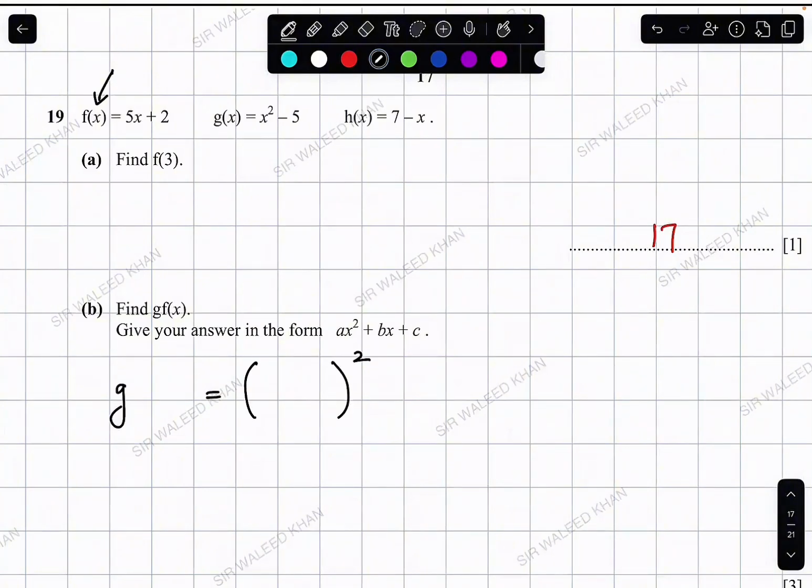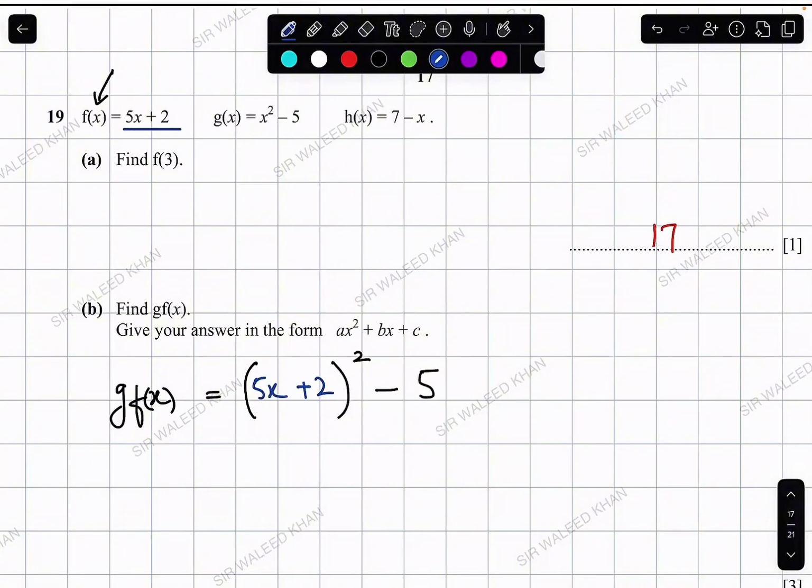So x squared, I'm leaving a space for x, because the input will be placed over here, minus 5. And then write the input value of the second letter, which is f. I'll plug in the whole function of f into this space, 5x plus 2.